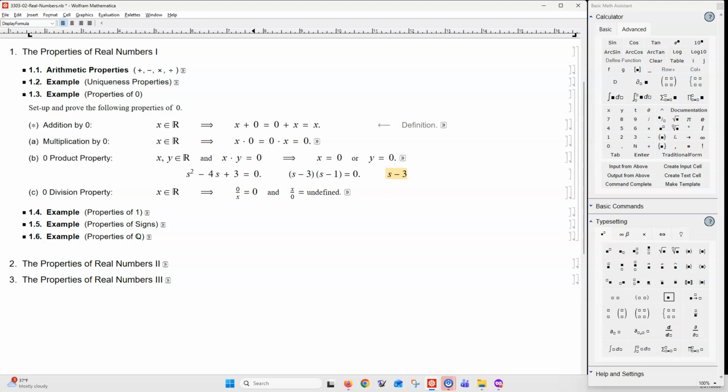Yeah, s minus 3 is equal to 0, or s minus 1 is equal to 0, and therefore s is 3, or s is 1. You get this conclusion, all right? And it's essential that we have the zero product property.